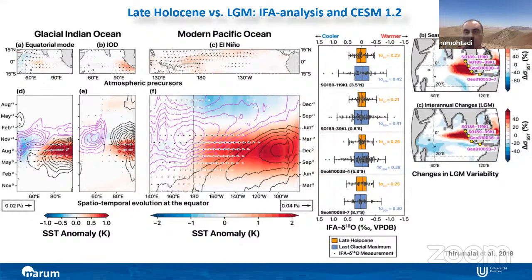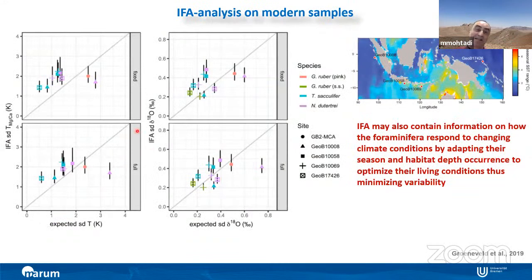And in order to confuse you completely, in the same year, another study using a kind of similar set of data, partly the same sites even, by Jeroen Groeneveld and others, showed that actually the individual foraminifera analysis does not reflect climate variability in total.